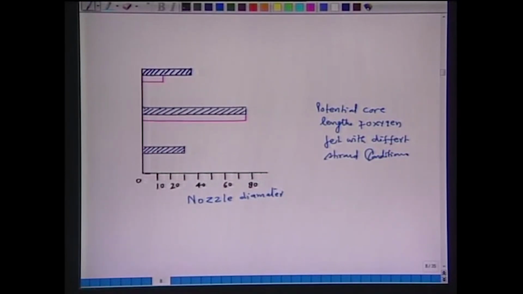So, what you see from here, this is a jet which is discharged in a hot atmosphere.